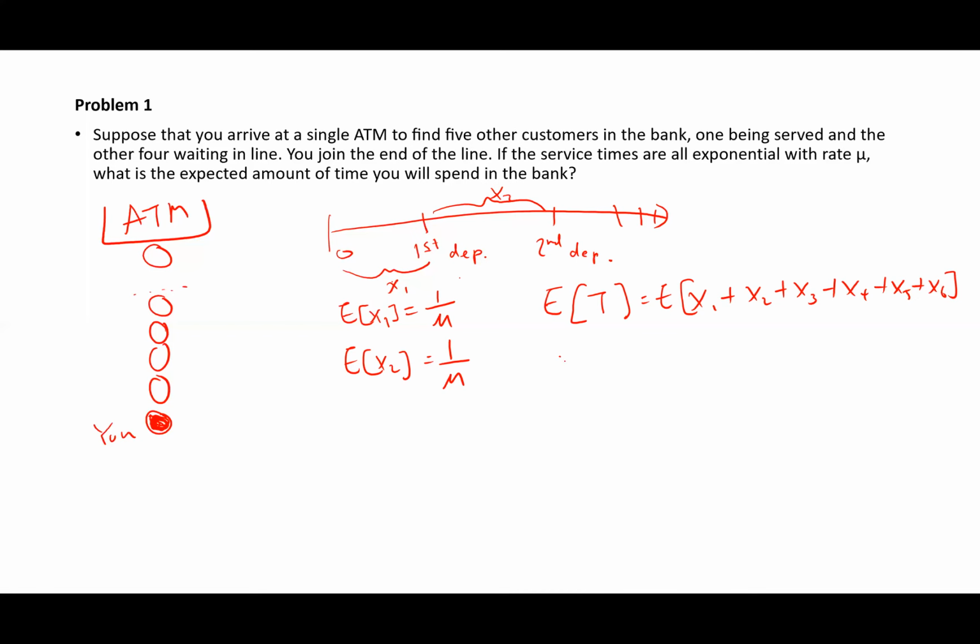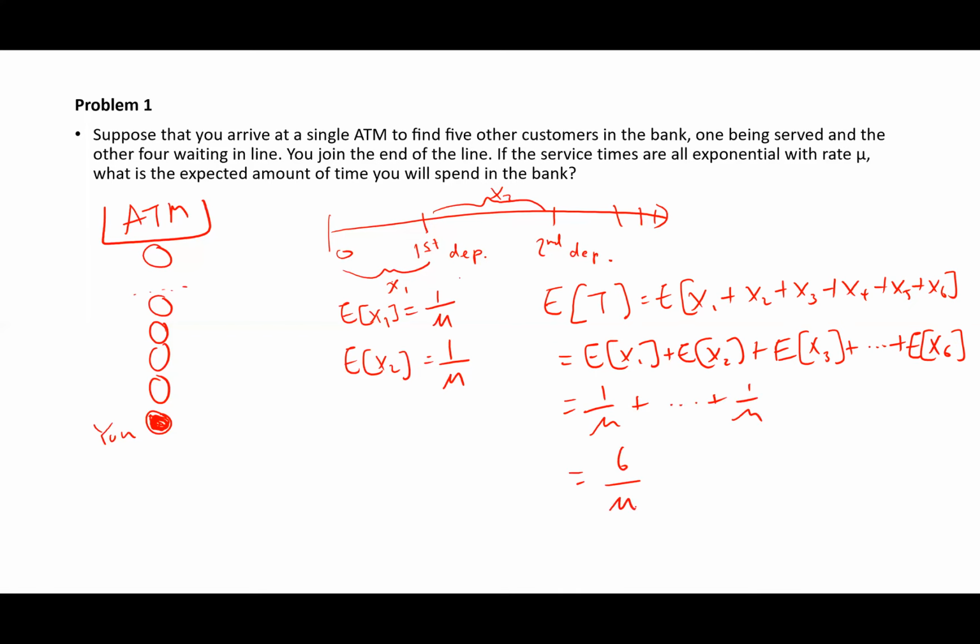Then I can break these down to the expected value of x1 plus the expected value of x2 plus the expected value of x3 all the way to the expected value of x6. Each one of these is just 1 over mu, so my answer ends up being 6 over mu.